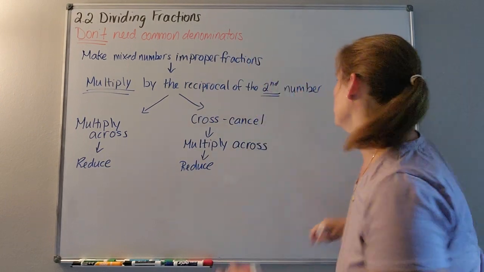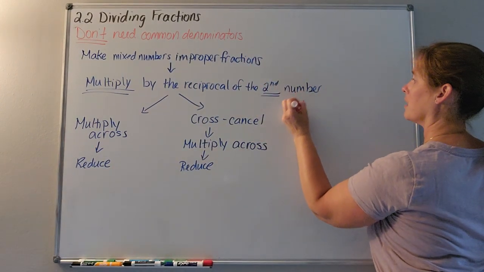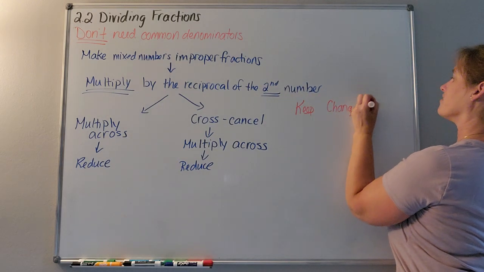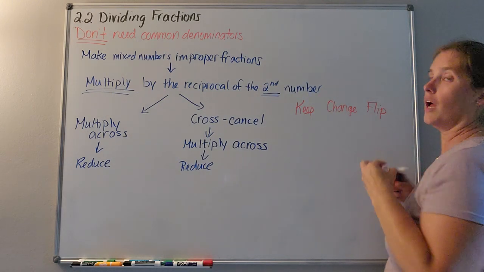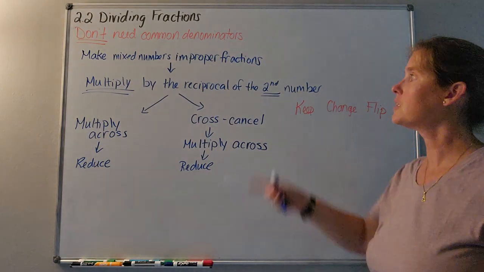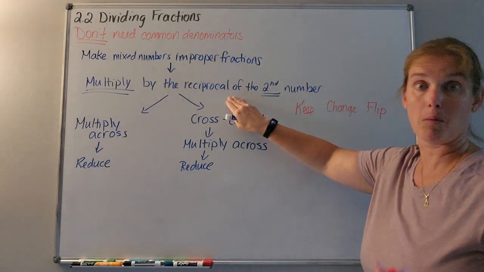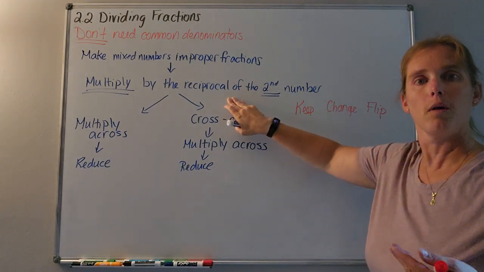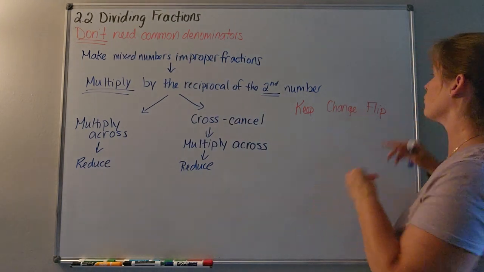We do what's called keep, change, flip. And it's fine to use this as long as you know mathematically what we're doing. We're multiplying by the reciprocal of the second number, multiplying by the inverse of the second number, okay? But a quicker, easier way to sometimes remember that is keep, change, flip.